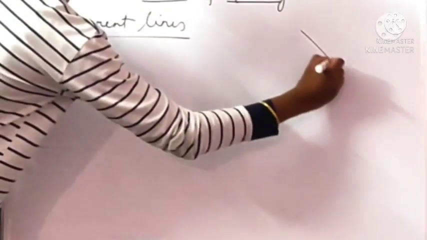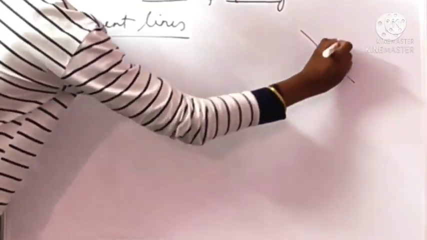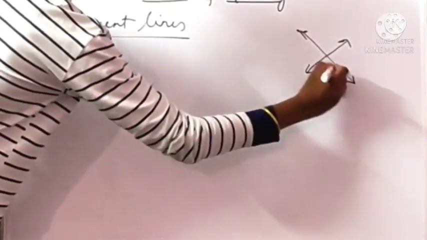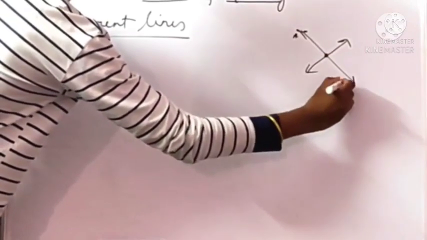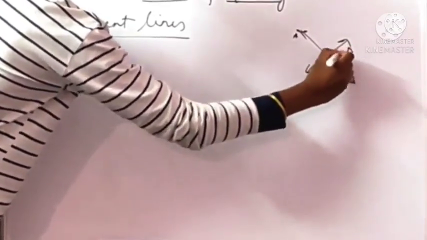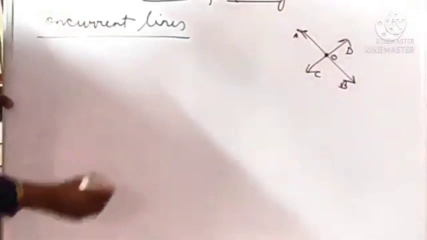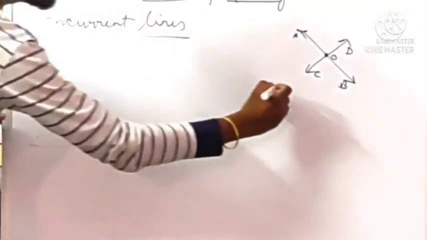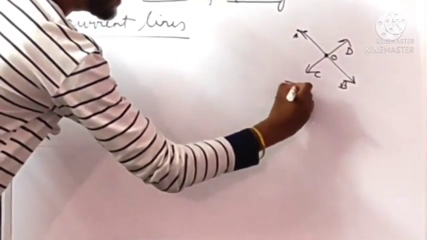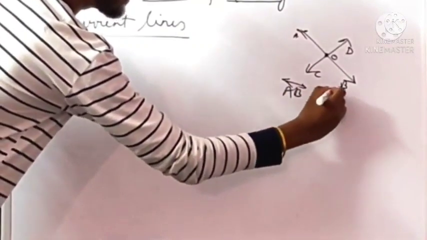It is also the same as intersecting lines, but there is only one difference: in intersecting lines there can be two lines intersecting each other, two or more, and this can be said as intersecting lines. Suppose AB and CD are two lines, they are intersecting each other at point O. So AB and CD are intersecting lines, but they cannot be said as concurrent lines.